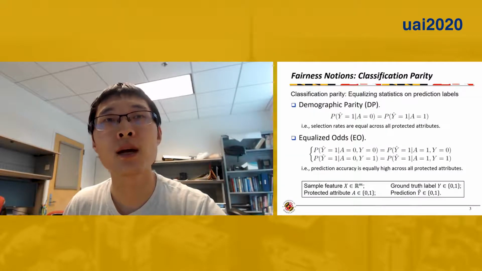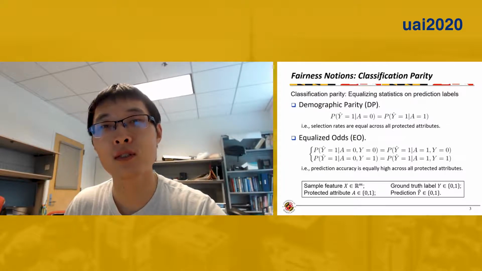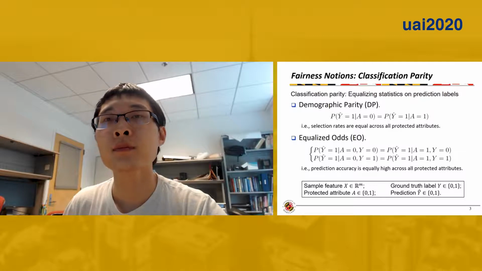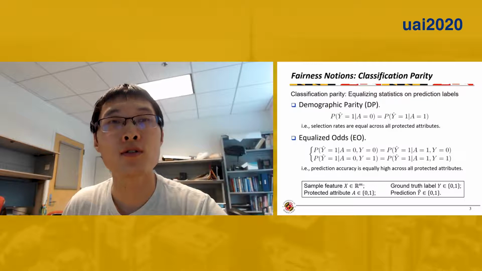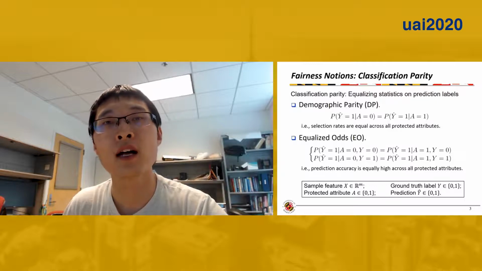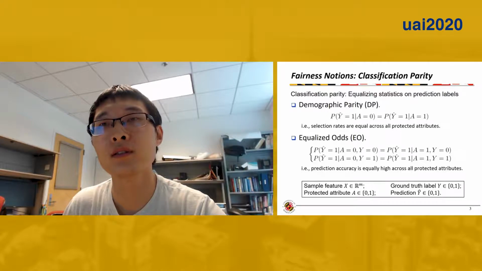Classification parity is a widely used family of fairness definitions in prior art. One notion in this family, demographic parity, DP, enforces equal selection rates across all the groups of protected attributes. The protected attributes refer to the features among which the classifier is required to have fair predictions, such as race and gender.